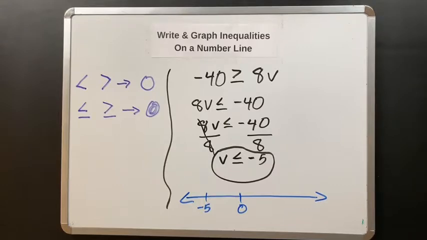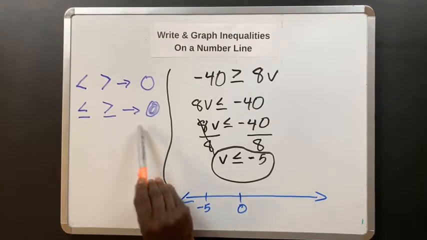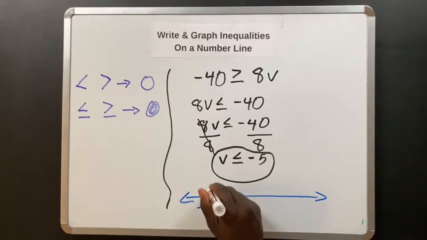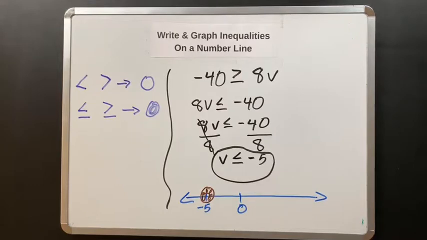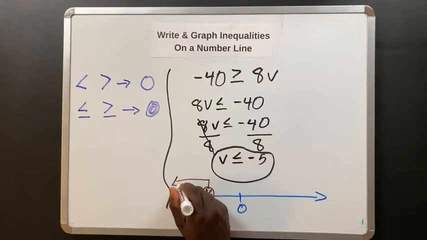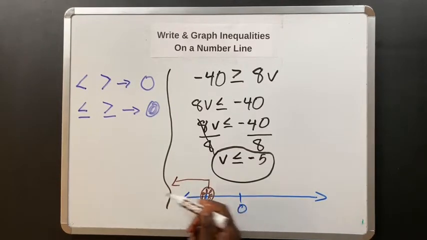Now, before we draw the arrow, what type of circle are we going to have? It's a closed circle. So let's put our closed circle here. All values of v less than or equal to negative 5. These values are less than negative 5.